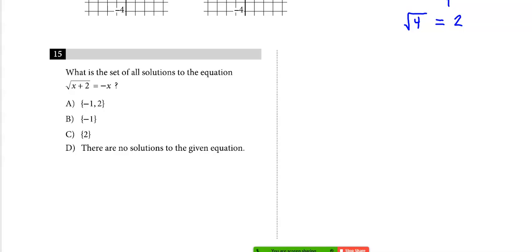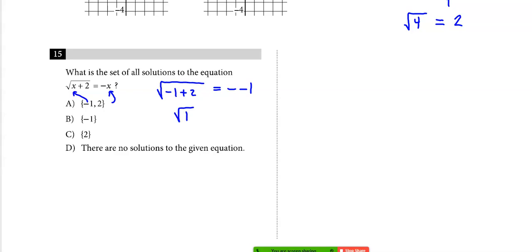So when you work this problem out and you plug some numbers in, well, I think the easiest way is just to plug it in. This is x, this is y. Or no, that's not x and y. What am I saying? Those are two x values. Let's plug it in and see if it's true. So if I stick -1 in here, and I stick -1 in there, I get the square root of -1 plus 2 equals a minus -1.